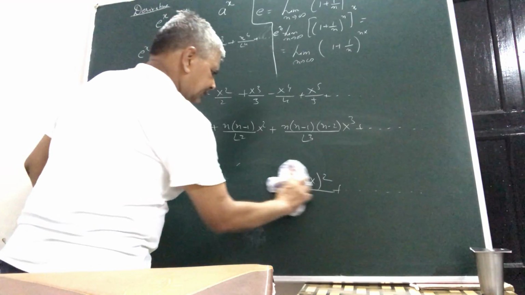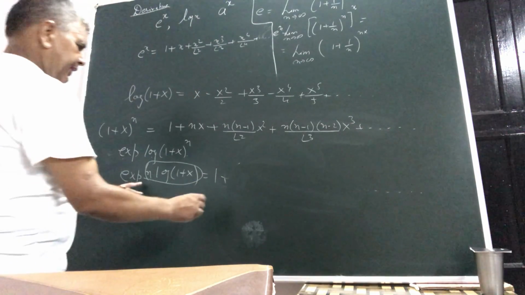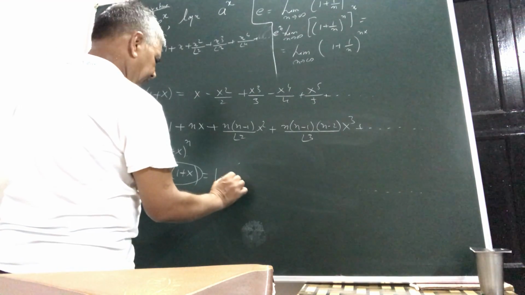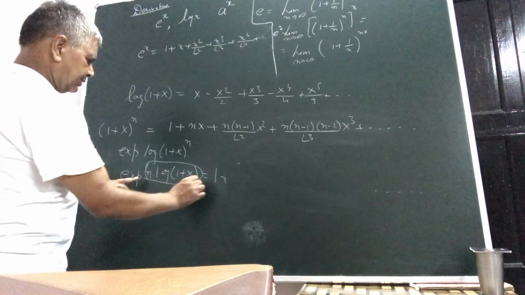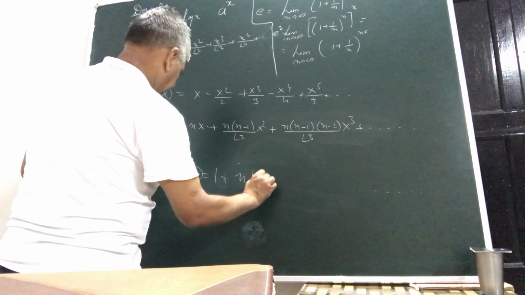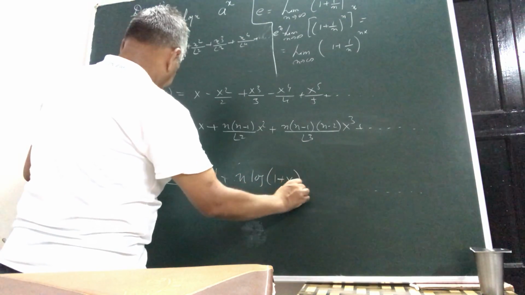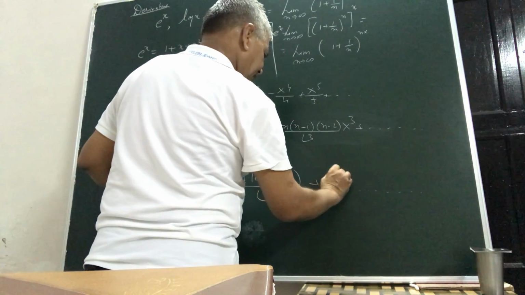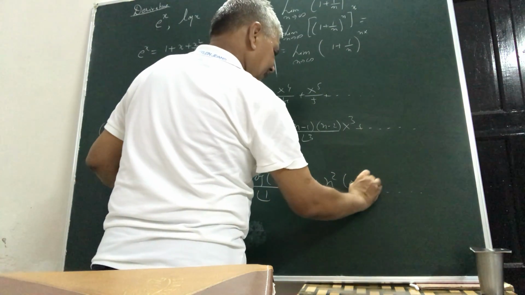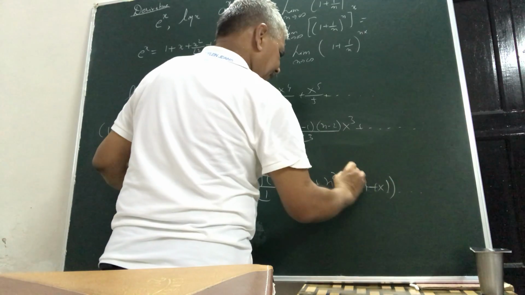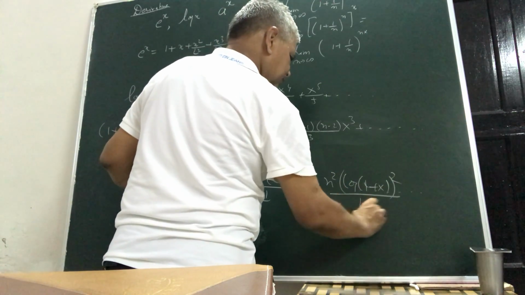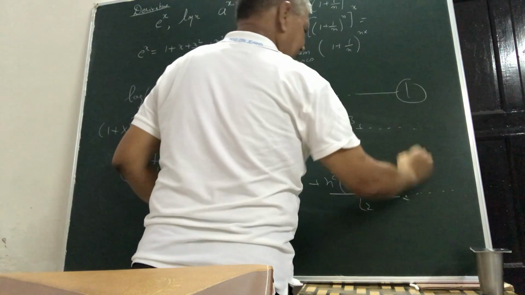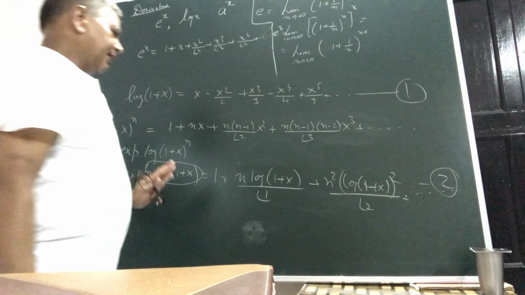It should be like this: it is e raised to power n log(1 plus x), which is 1 plus n log(1 plus x) upon factorial 1 plus n square log(1 plus x) whole square upon factorial 2 and so on. So these are the two expressions, number 1, number 2.